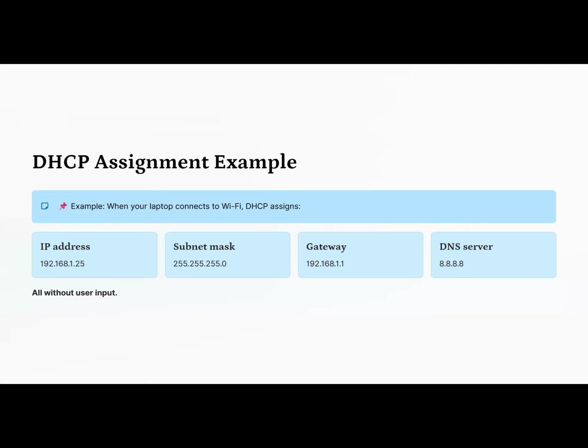Total is 16, usable is 14. Good. Lastly, on a /32, how many usable IPs do we have? All right, so that is 2 to the power 0. So we only have one usable IP.